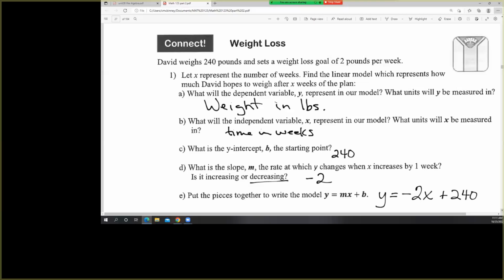Okay, so for number 5, we have a little graph. Oh, I'm not on number 5 yet. Never mind. That was just E. So number 2, how much would David hope to weigh after 4 weeks? So what are we doing with the 4? We're plugging it in, right? So we plug it in. Yes, you should get 232 pounds.